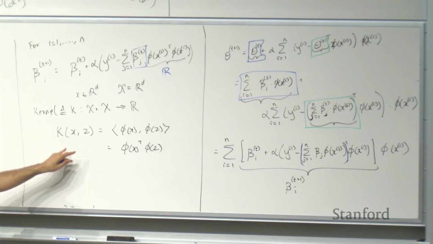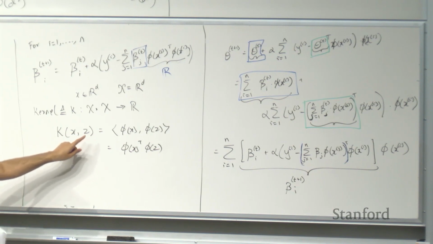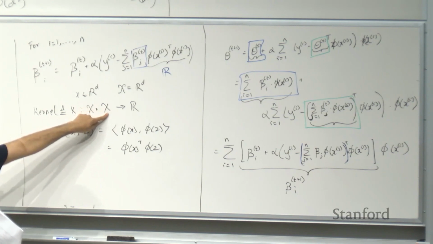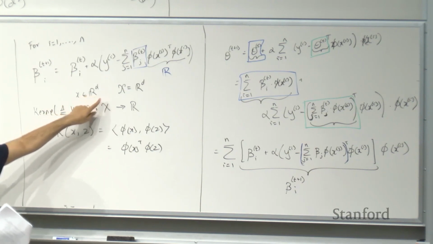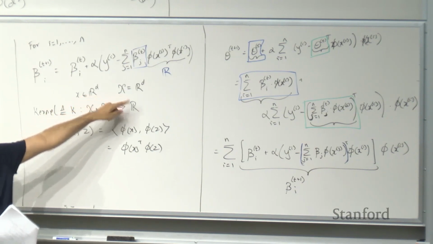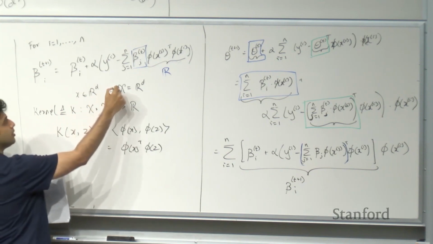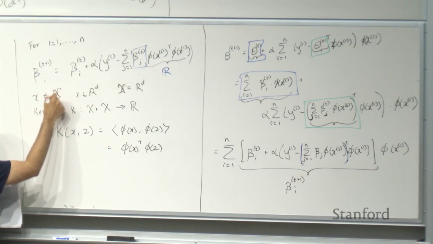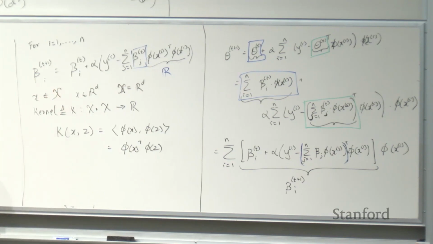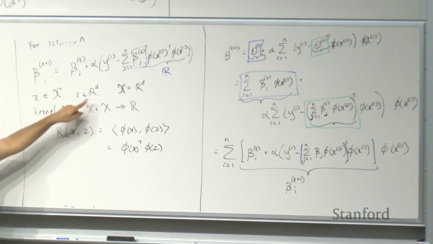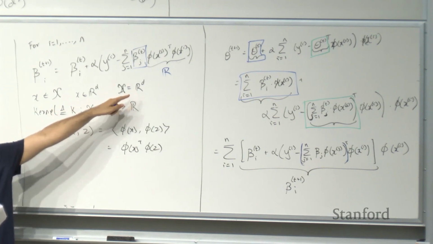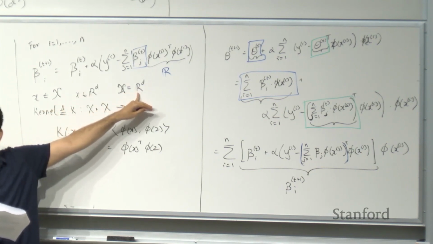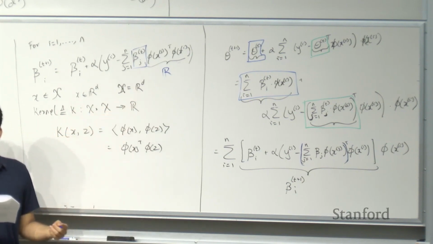Can you please repeat the question? This line? The line above it? R^d. So this is defining the space. So x is in script X. In this case, script X happens to be R^d, but in general, this need not be R^d. It could even be the set of all strings or the set of all graphs.